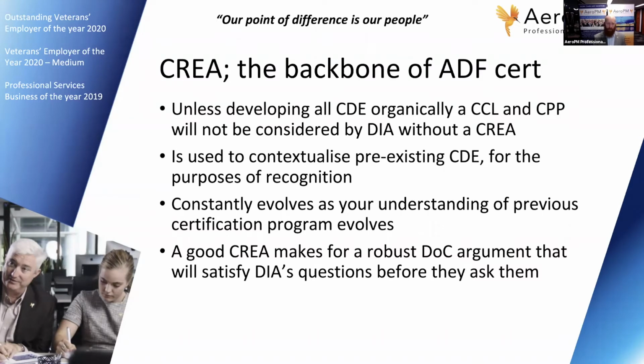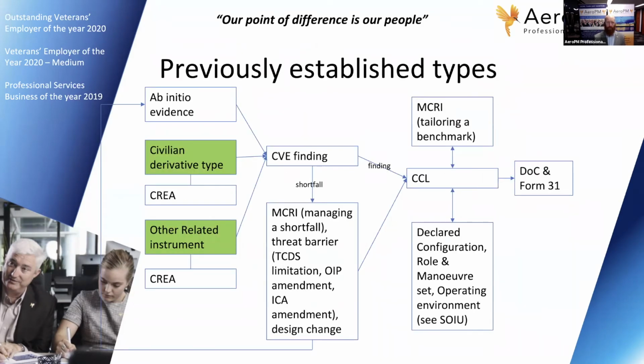Every other type that you're using, or every related type that you're using, where you are claiming relief from developing compliance demonstration evidence, you need a CRE analysis to describe the extent to which that evidence is relevant to your type. So, previously established types.